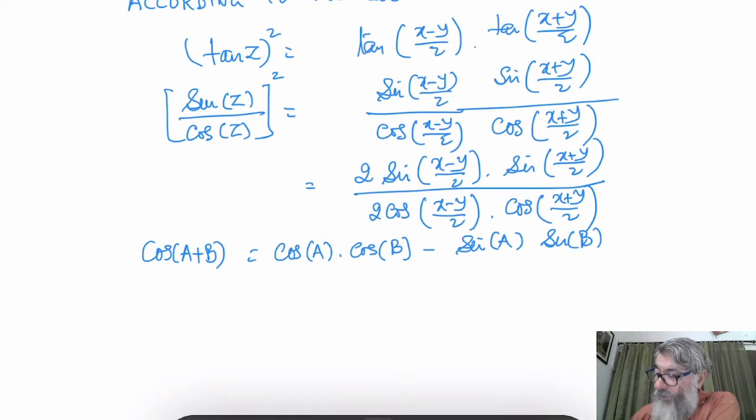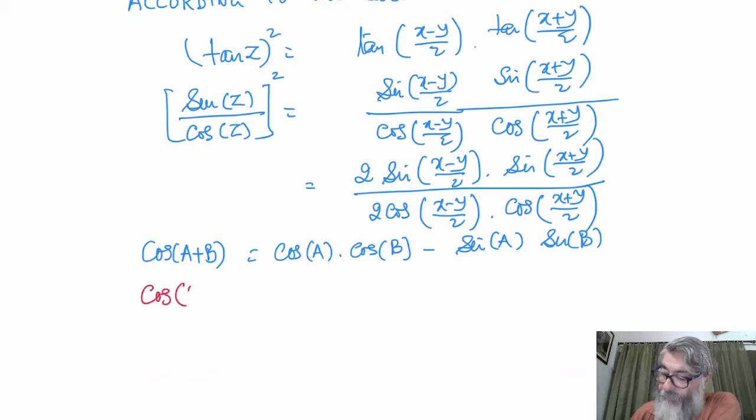That we know. Now the other thing is cos (A minus B) is cos A cos B plus sin A sin B.